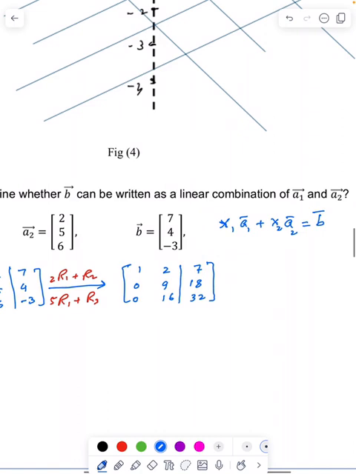Okay, next thing now, this was my pivot. Now I have to make this the pivot.